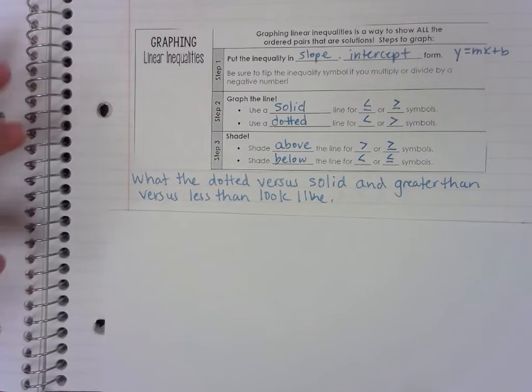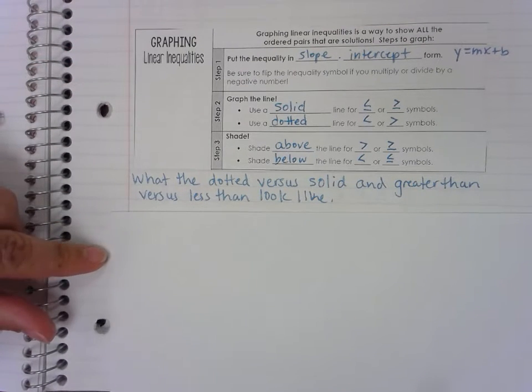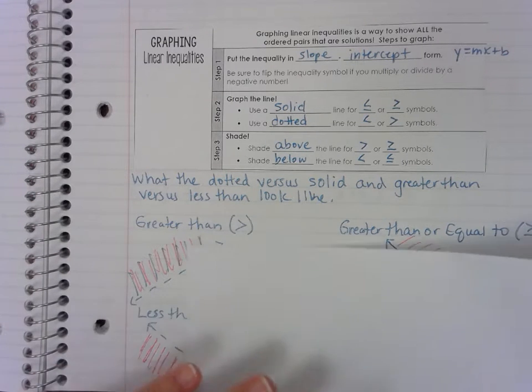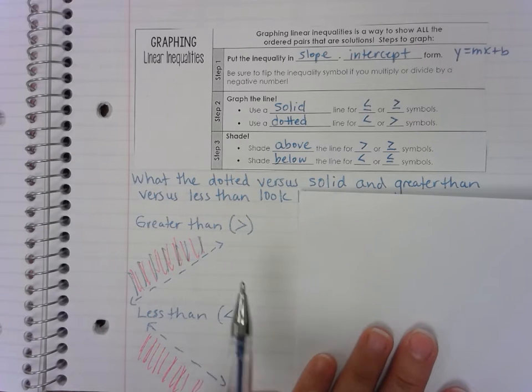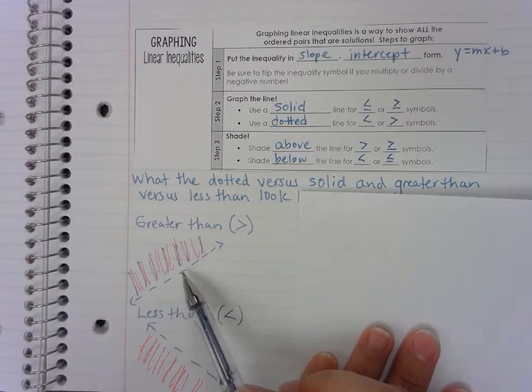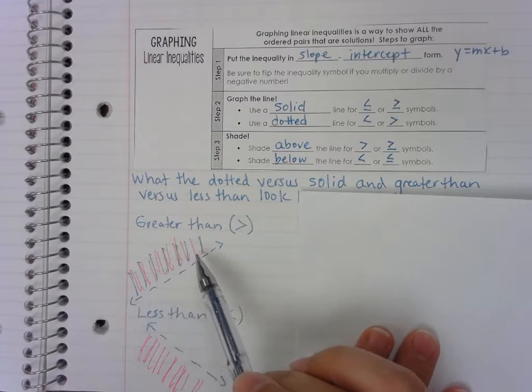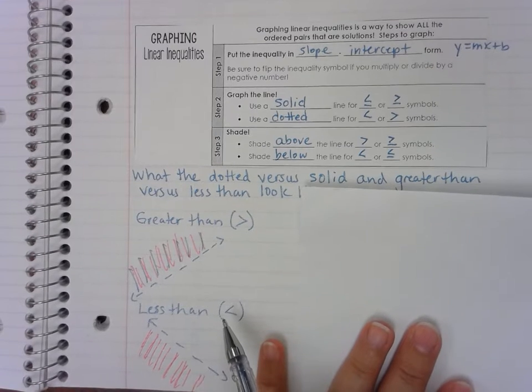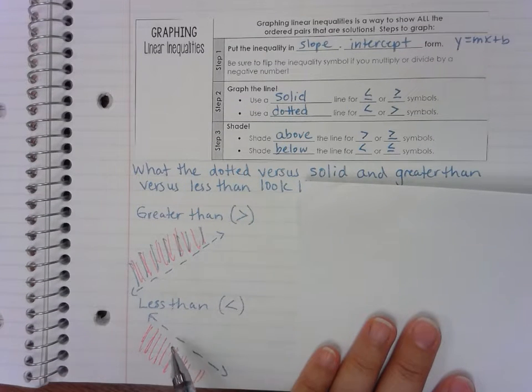So what the dotted versus solid line and greater than versus less than look like. If I have, we'll look at these two, if I have greater than, that means that my line is dotted and I'm shading above the line. If I have less than, that means that I have a dotted line and I'm shading below the line.